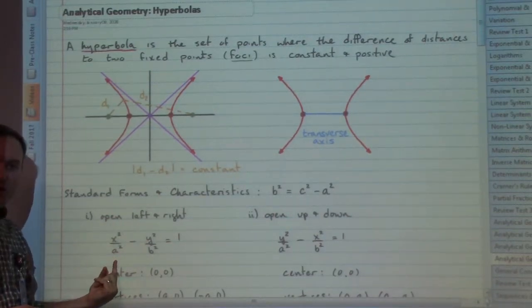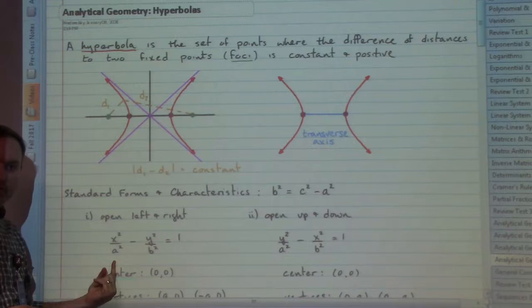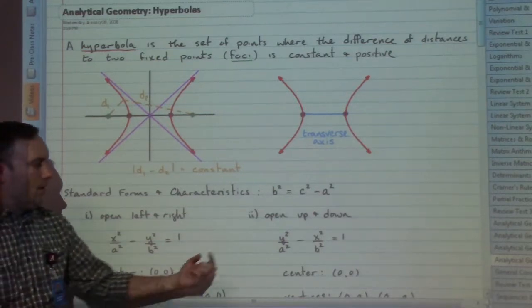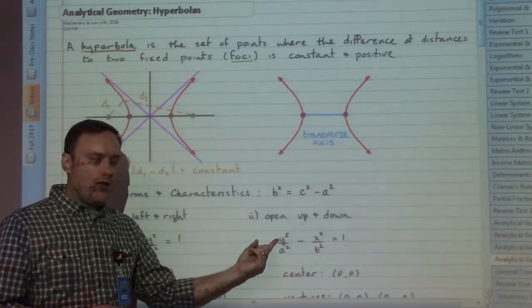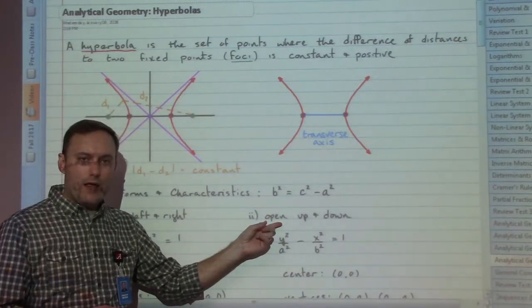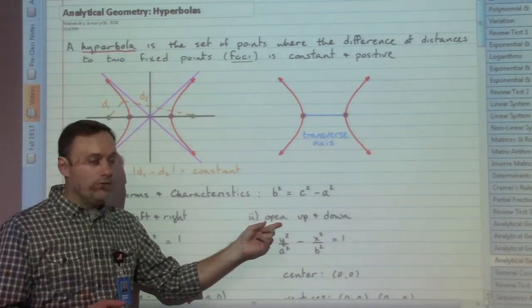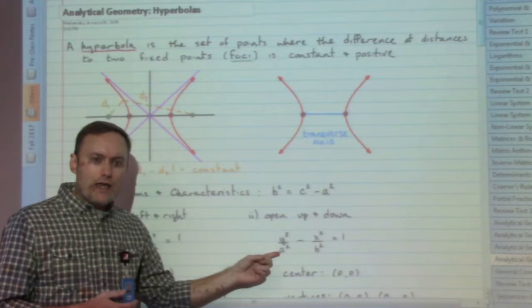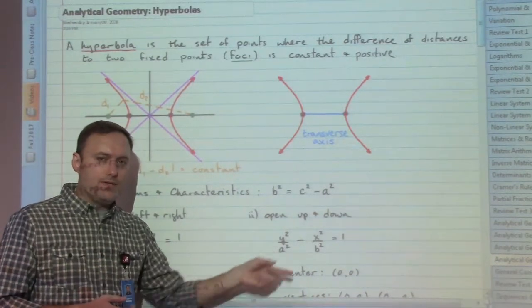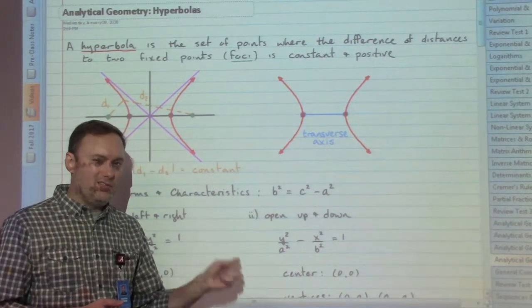The a squared is always underneath the positive variable. If the y squared stuff is positive, we open up and down. And again, the a squared stuff is always underneath the positive variable.